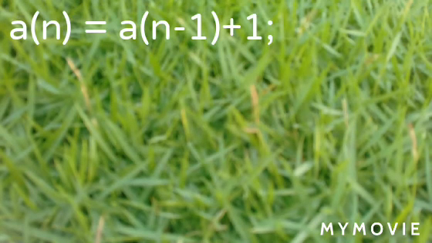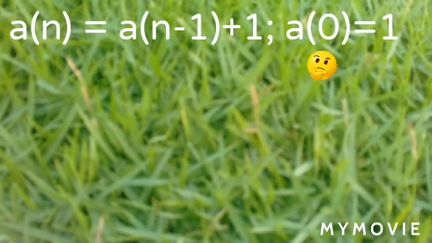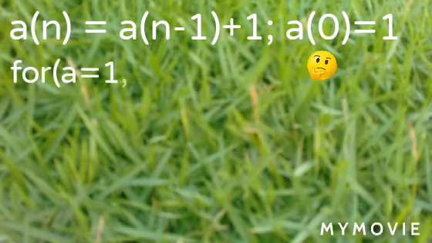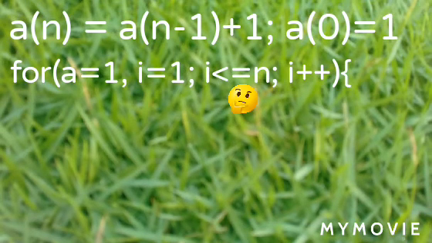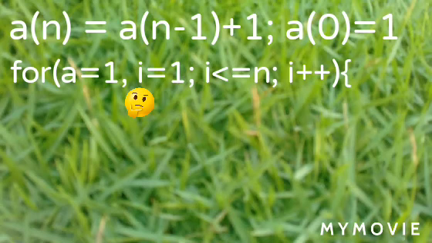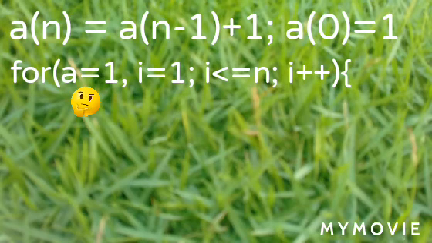In the first relation, the recursive starts from n to 0 since the a0 has an initial value. Therefore, our iterative must start from 1 to n. So the subscript here is i, and the basis part is the initialization a is equal to 1.